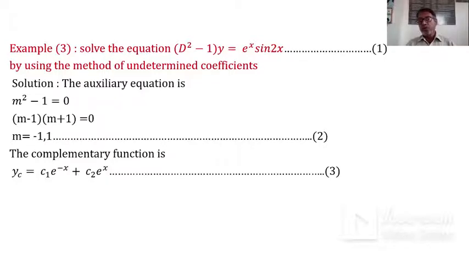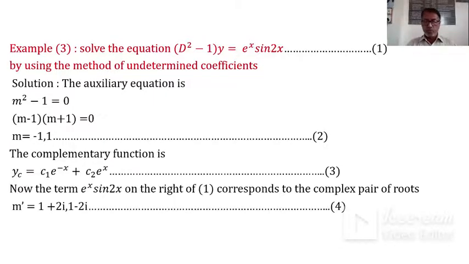There is no term of x to the power m, or powers of x. Therefore, the roots are non-repeated. Therefore, the roots are 1 plus 2i and 1 minus 2i. From this, we are able to write the homogeneous differential equation g of D y is equal to 0.